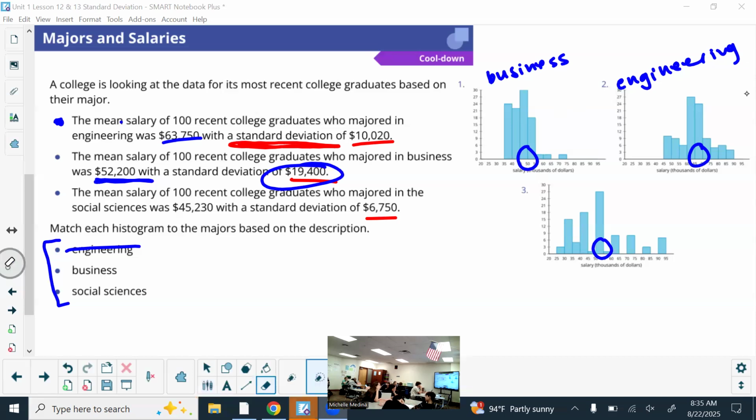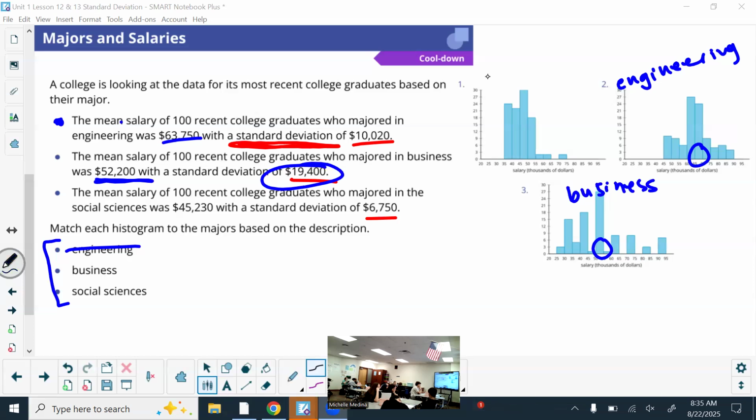No. So actually the business majors should be the third histogram, this one. And you need to use both to figure out why. So it's the most spread out. And if you were estimating where the mean probably is, this is toward the middle. All right.